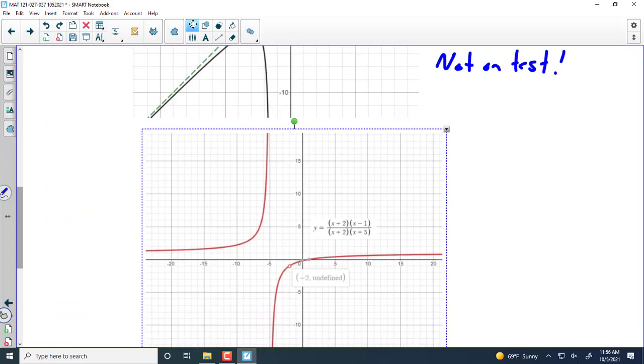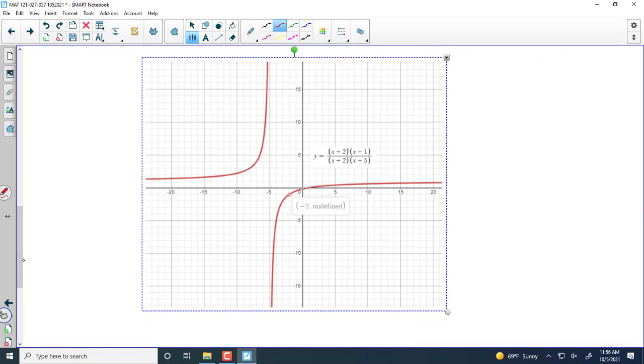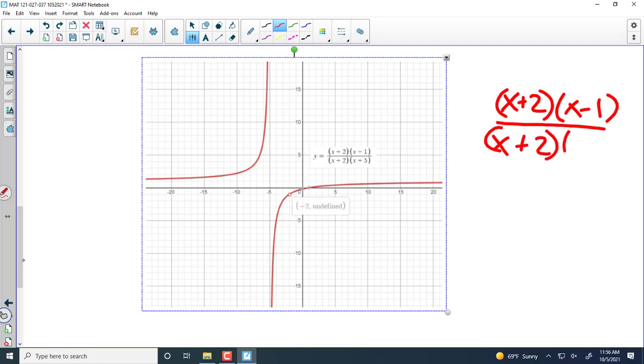All right, here's one that looks like it has a hole in it. What happened here is you have a factor on top canceling the one on the bottom. The original rational function, just in case you can't read that, because that's smaller than I thought it would be, looks like this. And the x plus 2's cancel. What that does, everyone, is it creates one single missing point on the graph, called a hole.